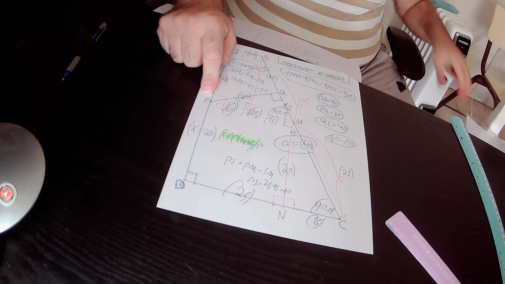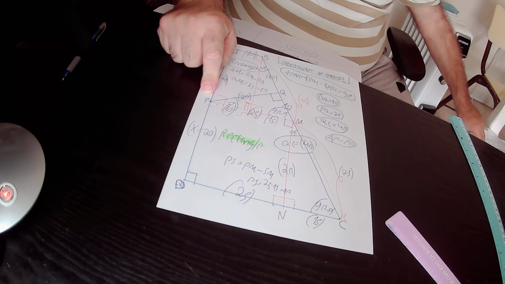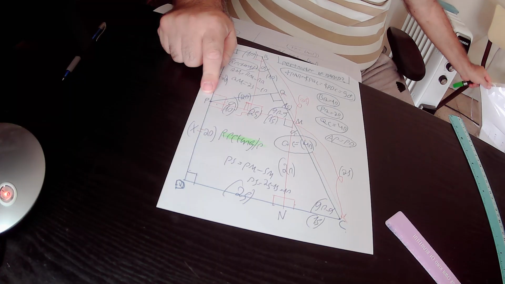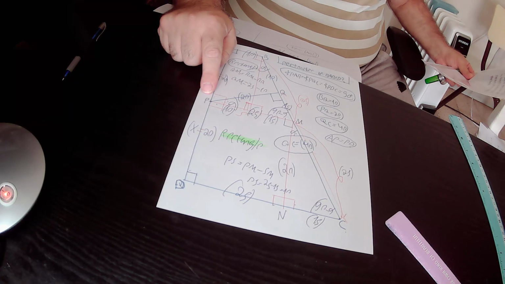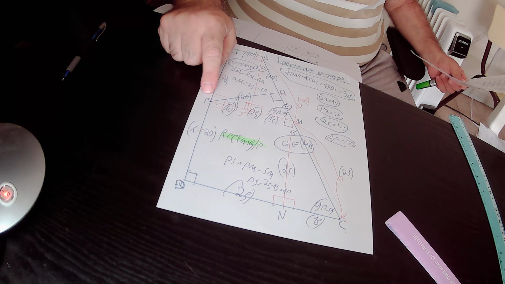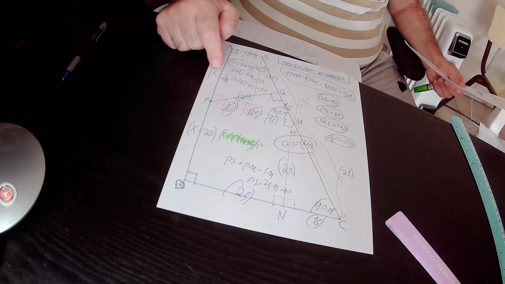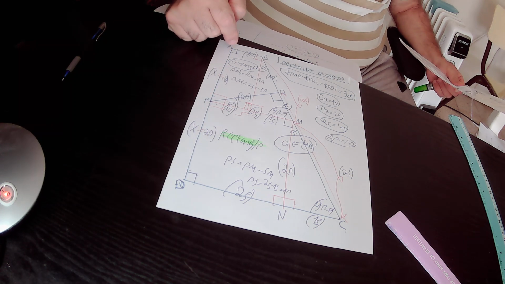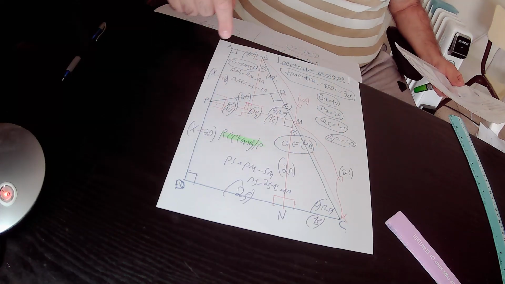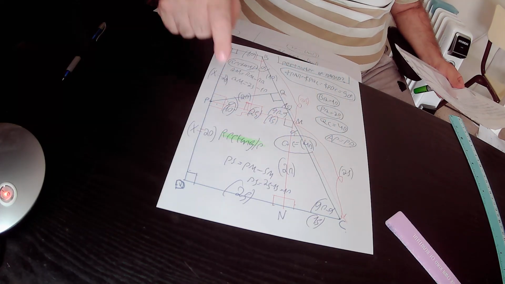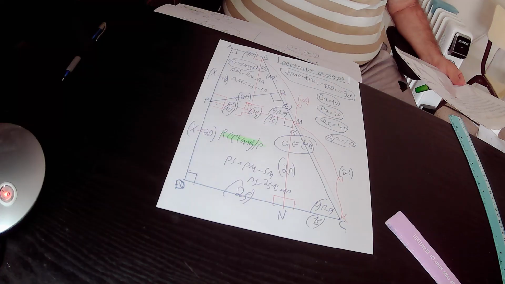In the next step, we implement the trapezoid mid-segment theorem on this trapezoid ABCD. Why is ABCD a trapezoid? Because AB is parallel to DC.